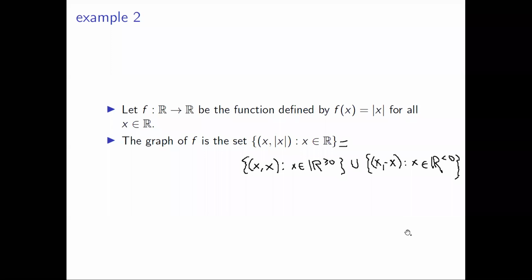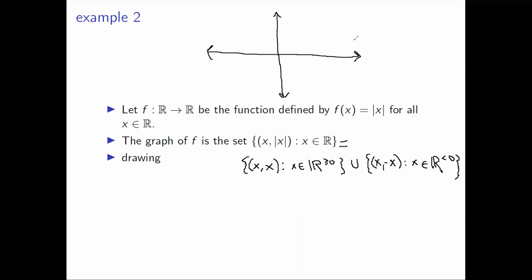And now I'm going to do a drawing. So this one I'll draw up here. There's our x-axis, our y-axis. We'll have our scale here. Okay, so we can draw that first set.